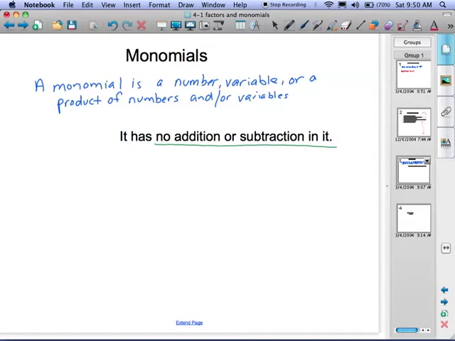For example, 7 is a monomial. It has no addition or subtraction in it. 3a is a monomial because it has no addition or subtraction in it. 7m over 2n is a monomial. It has no addition or subtraction in it.